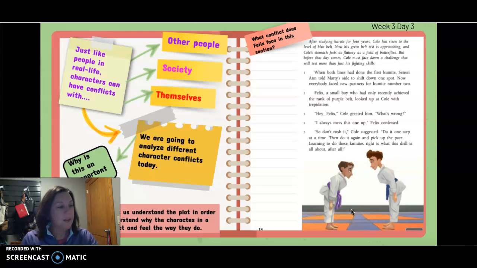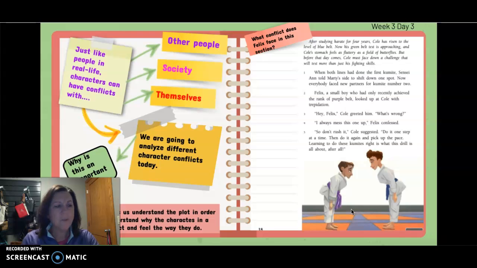I'm going to read paragraphs 1 through 5. It says, when both lines had done the first kumite, Sensei Anne told Marty's side to shift down one spot. Now everybody faced new partners for kumite number 2.